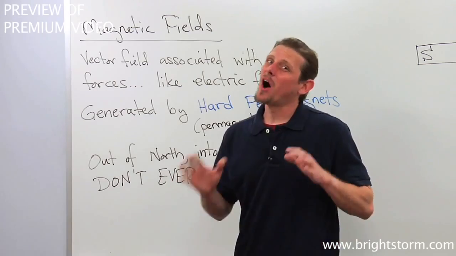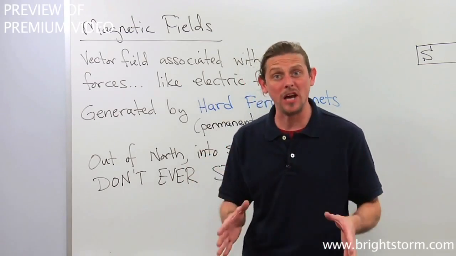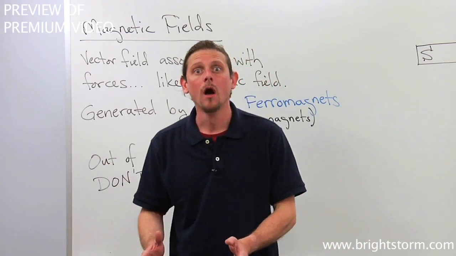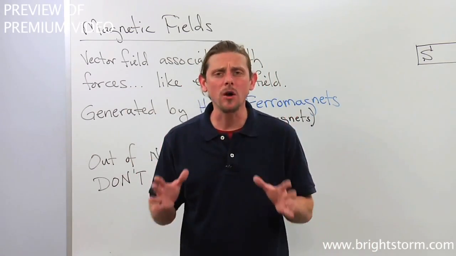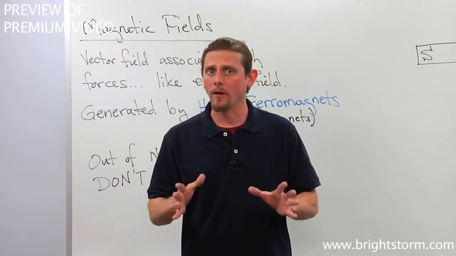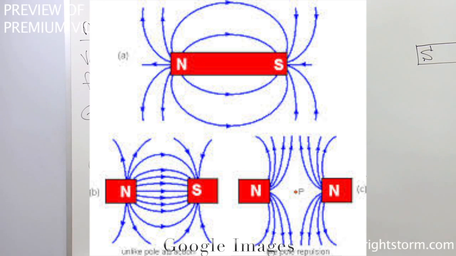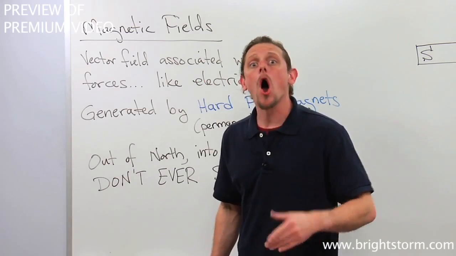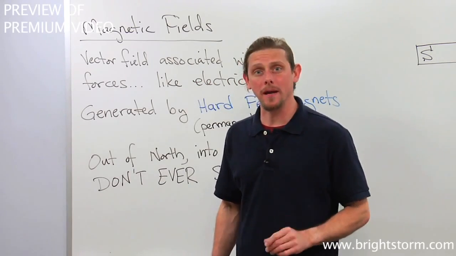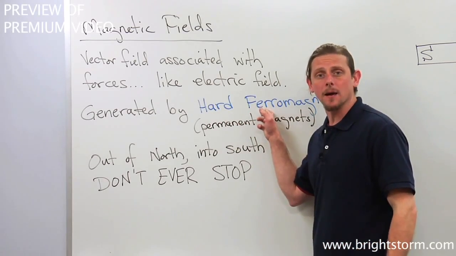Magnetic fields are a little bit different. They're a little more complicated as far as their relationship to the actual force. But you can still think of magnetic fields as associated with a force. They don't point in the same direction, but they're associated with a force. Magnetic fields are generated by permanent magnets, which are also called hard ferromagnetic materials.